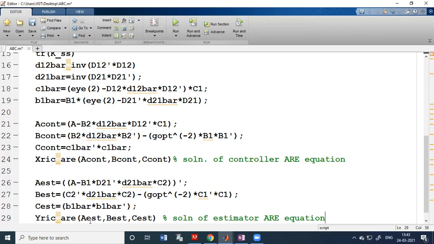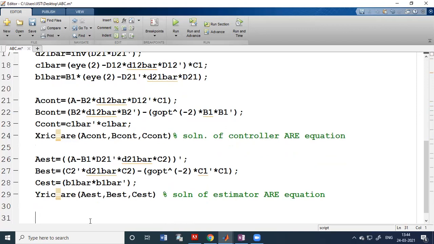So now, what is our gain KC? D12 bar into B2 transpose X infinity plus D12 transpose into C1. So gain KC equal to D12 bar into B2 transpose star X infinity. Instead of X infinity, I have X rig. Okay.